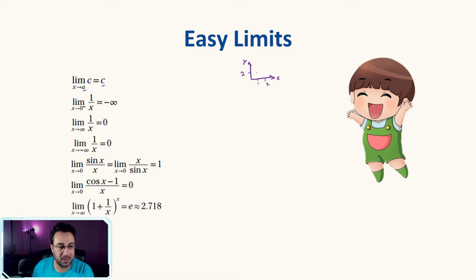Now the limit of 1 over x as x approaches 0 from the left, as you see from the mark in here, equals minus infinity. In the same manner, the limit of 1 over x as x approaches 0 from the right equals infinity.